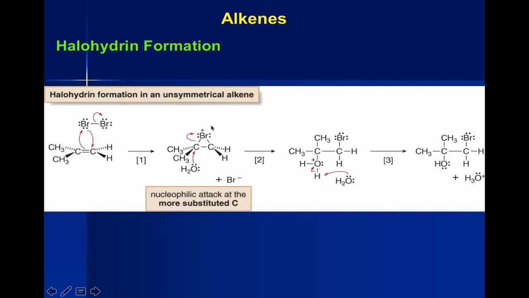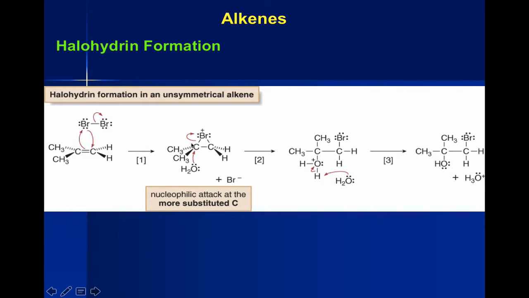And so if you think about that, we've got bromine that's positively charged. And you know that bromine is electronegative. It doesn't like to be positively charged. So it's going to tug on these bonds, if you will, and try to pull more electrons to itself. And it turns out that it can pull the electrons from this bond a lot easier, because if we pull electrons from this bond and put them closer to bromine, that's going to put a partial positive on this carbon.